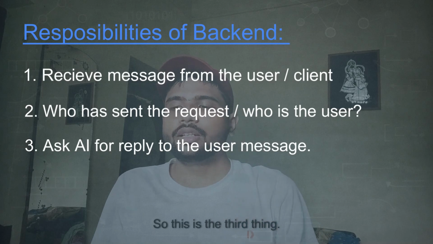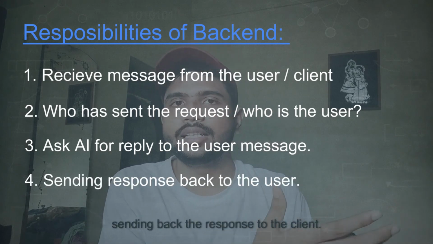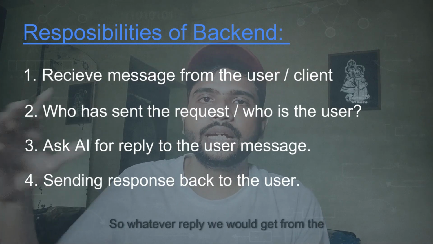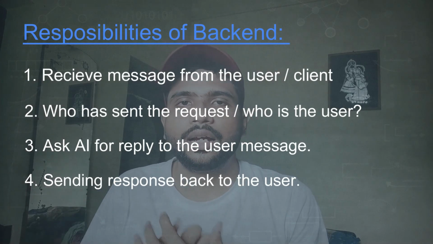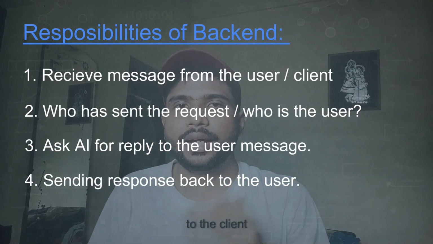Now the fourth thing is sending the response back to the client. Whatever reply we get from the AI, we will send it back to the user, to the client.